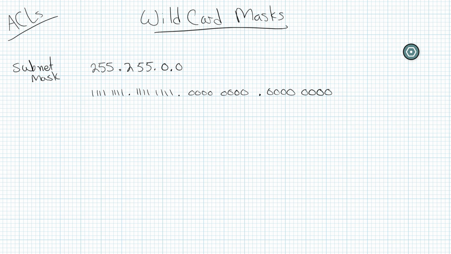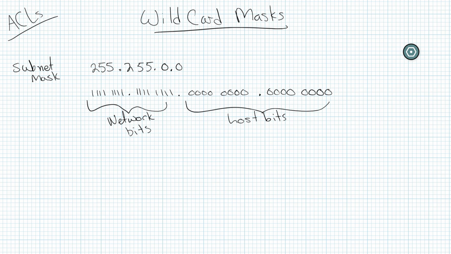That's the binary representation of 255.255.0.0. When we were looking at subnet masks, all of these ones represented the network bits. If there was a 1, we knew that was network bits, and all of the zeros represented the host bits. So this is just a reminder.